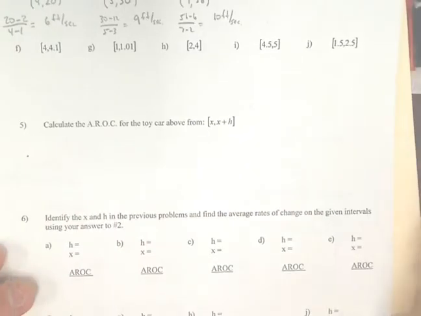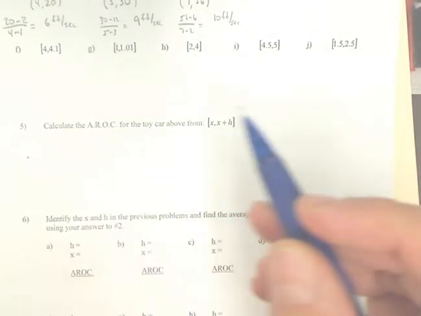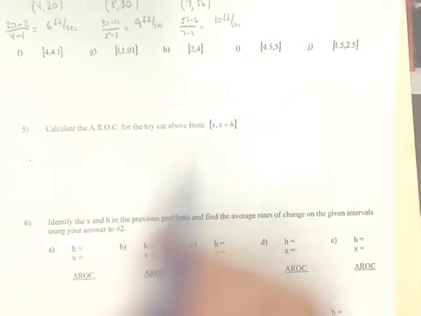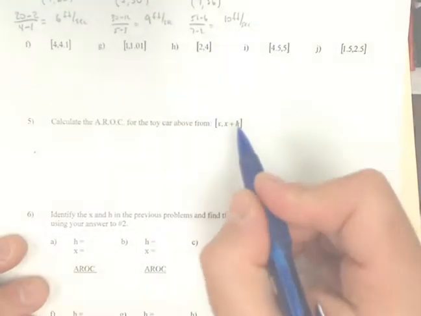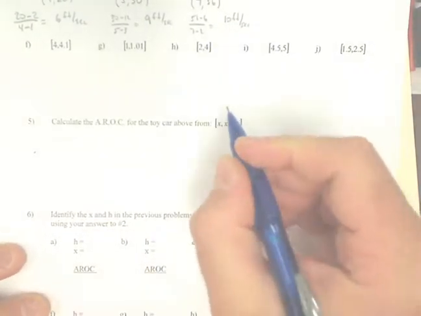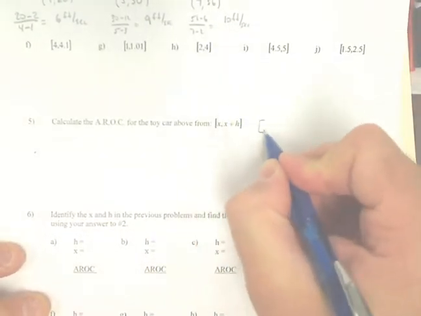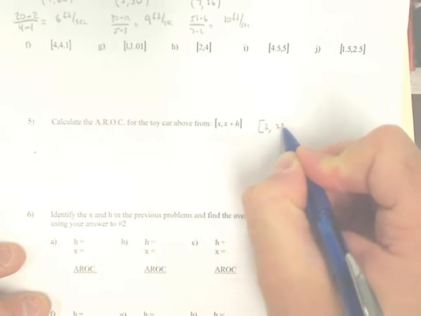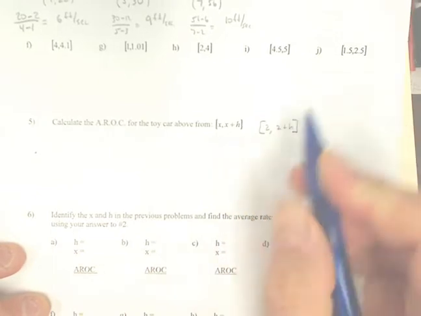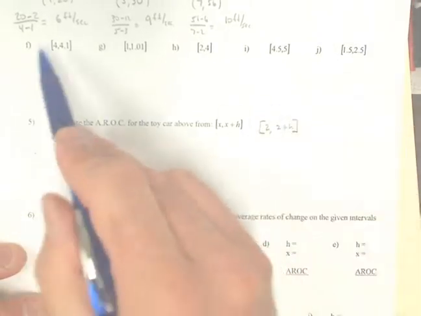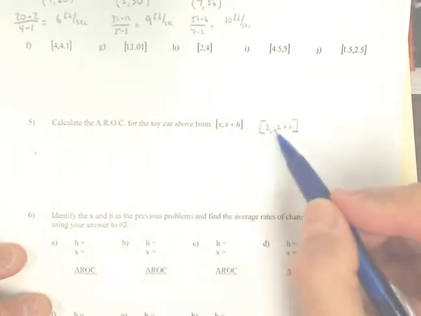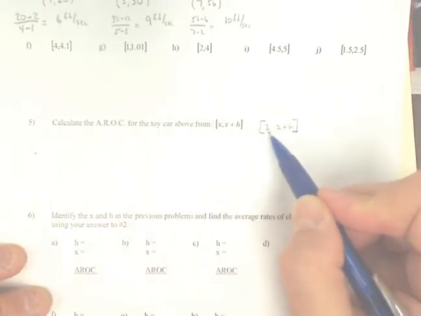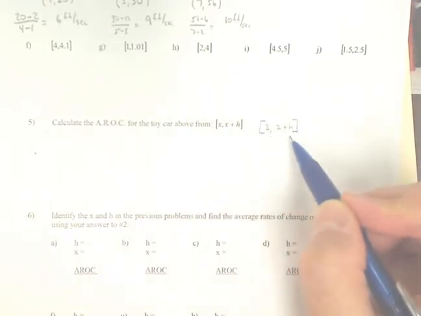Okay, you'll notice number 5 is kind of like the number 2 on the other side, except this is not a 2. Now on the other side we used 2 comma 2 plus h because it was very practical. Because we had a bunch of values up here where the first coordinate point was a 2, it made sense to use this notation.